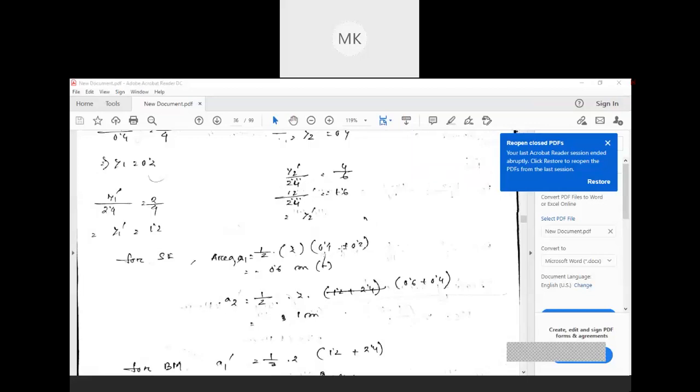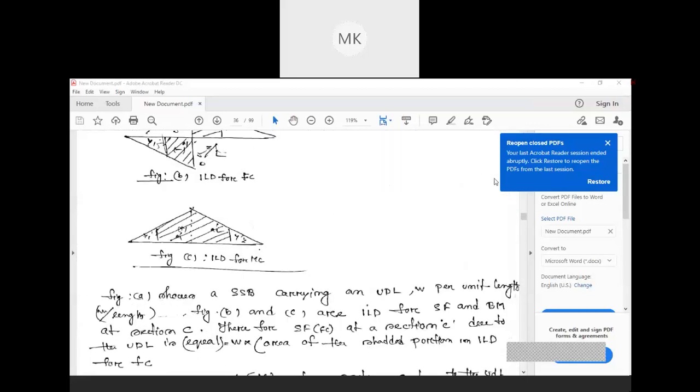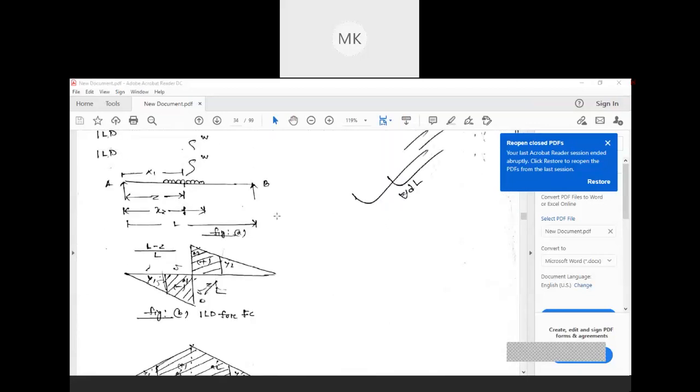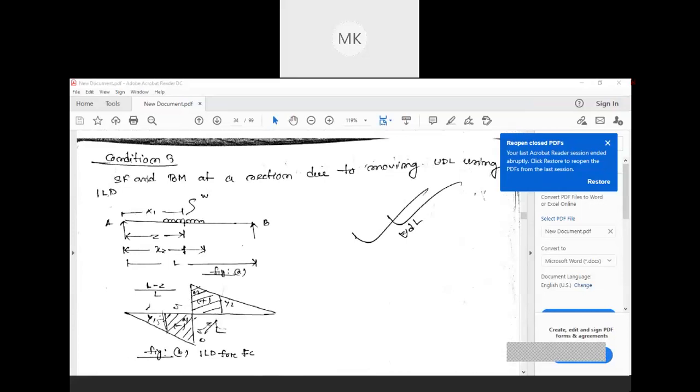Let me show you what we did in the derivation part. These are the standard conditions for this type of loading pattern. Whatever we are doing, we are considering this point only, the impact of all the loading at that particular point.